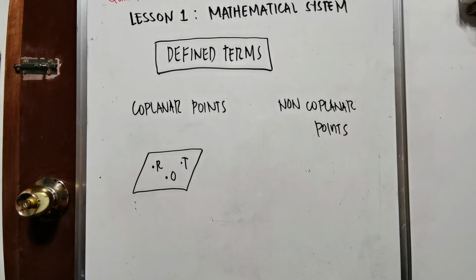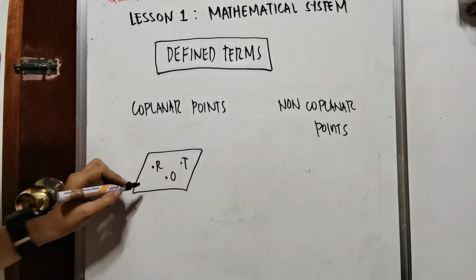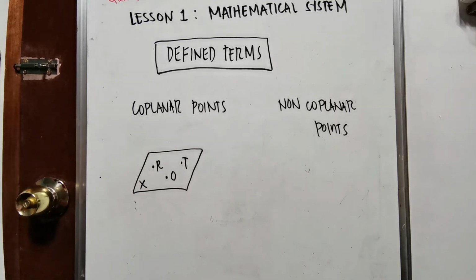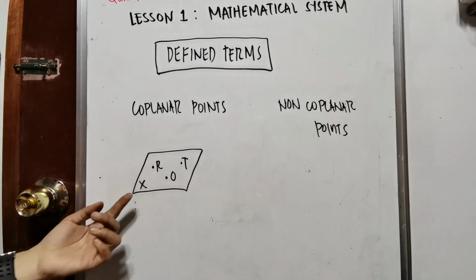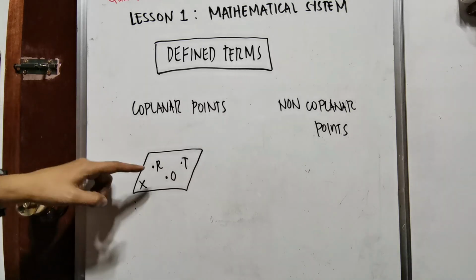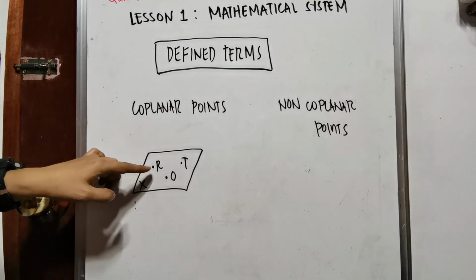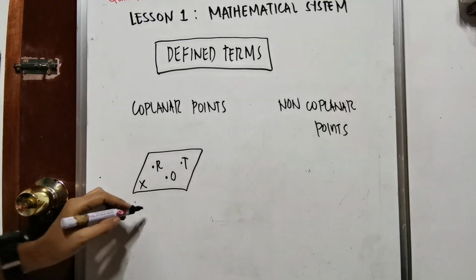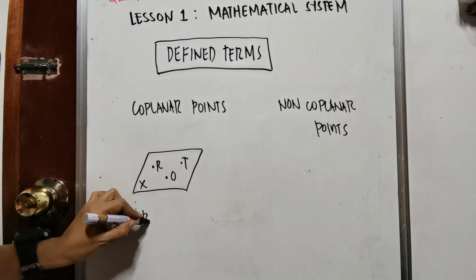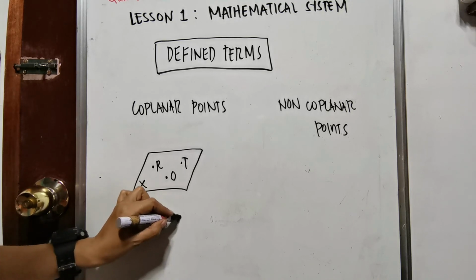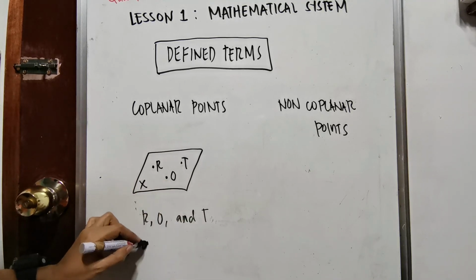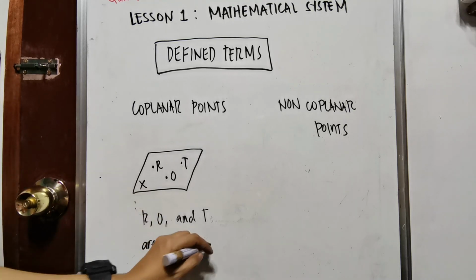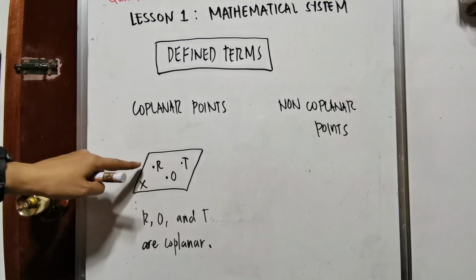Let's say we have this given plane and let us name this plane as plane X. Inside this plane we have three different points, which are points R, O, and T. So we can say that points R, O, and T are coplanar since sila ay nasa loob ng iisang plane.